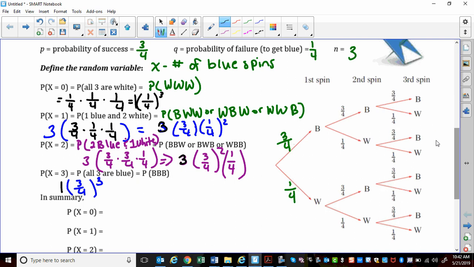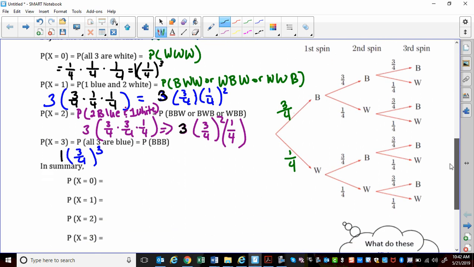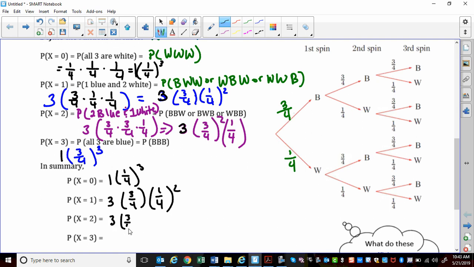I'm just going to rewrite it here, kind of condensed, to show you what it looks like. 1 times 1 over 4 cubed, and then 3 times 3 over 4 times 1 over 4 squared, and then 3 times 3 over 4.